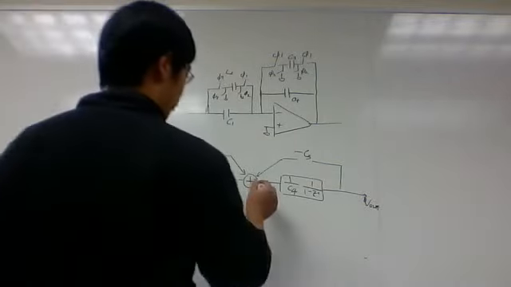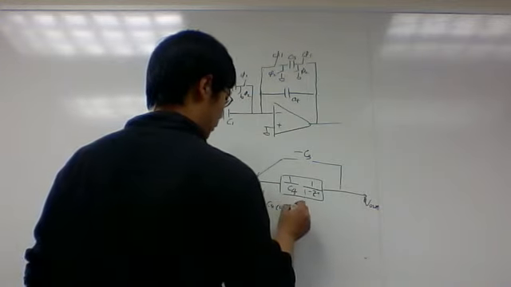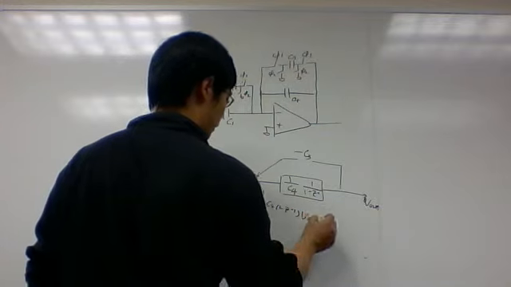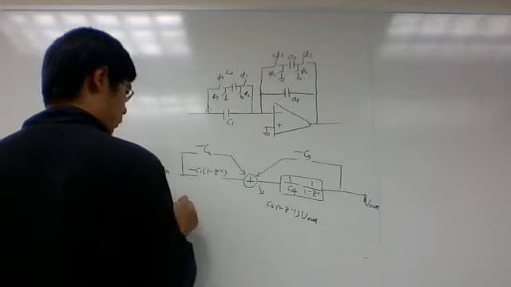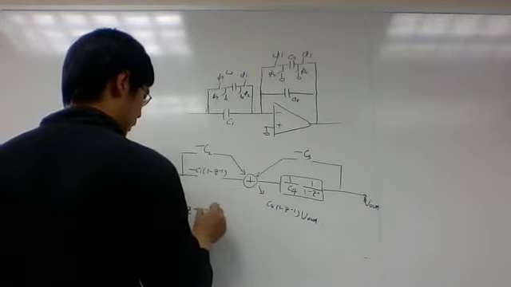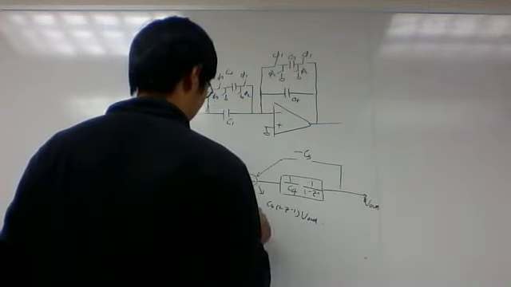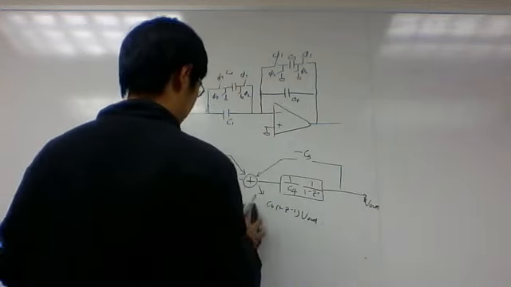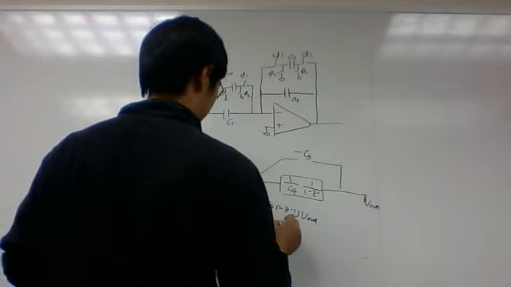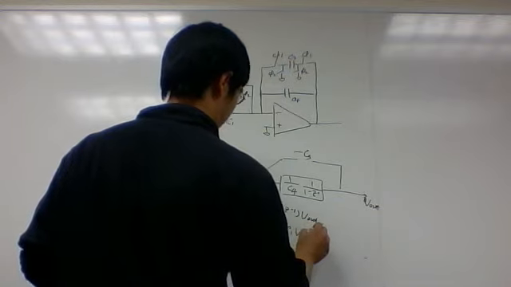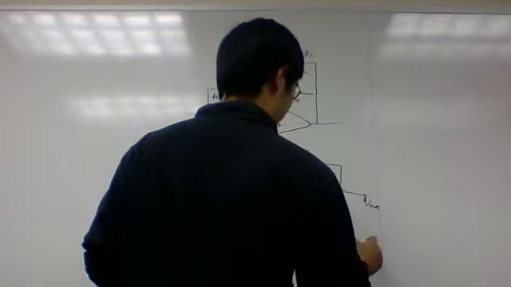So here then, what's the voltage here? It will be C4 of 1 minus C1 V out, right? So that is equal to the 3 summing together. So C4 1 minus C1 V out will equal to this one, right? V in of minus C2 V in minus C1 V in 1 minus C1, minus C3 V out, right?